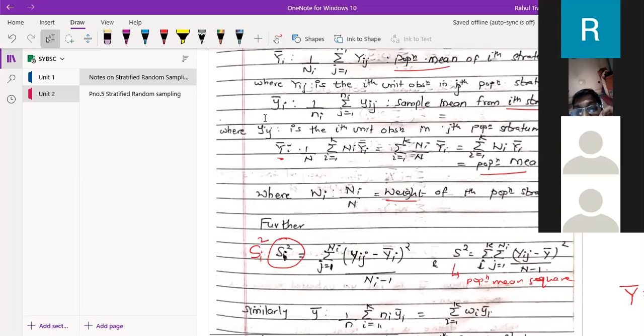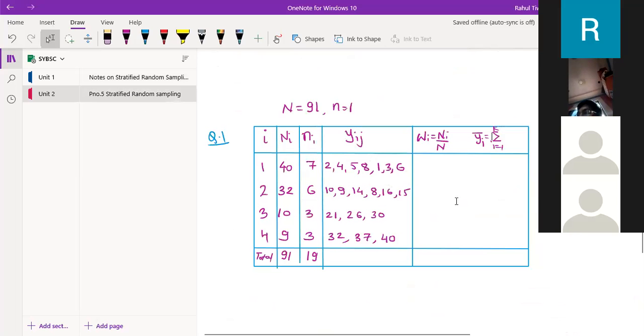Okay, so I have to use this one. So it is running from j, not i. This is j. So j is running from 1 to ni, yij, whole thing divided by ni.